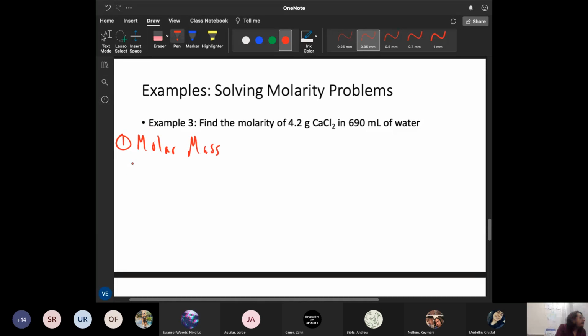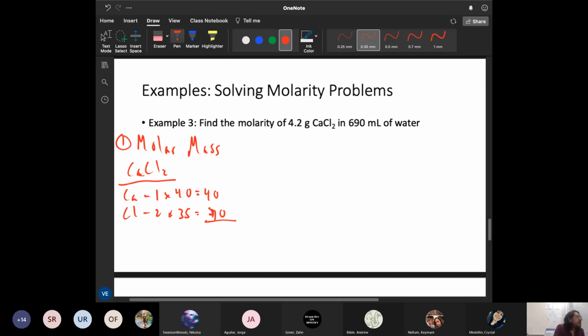So we have calcium chloride, okay? CaCl2. We have calcium, we have chlorine. 1 calcium, 2 chlorines. Calcium weighs 40, chlorine weighs 35. 1 times 40 is 40. 2 times 35 is 70.